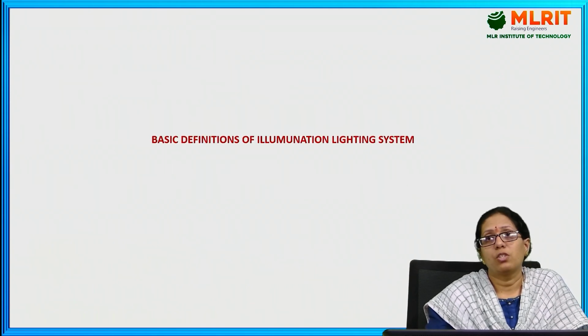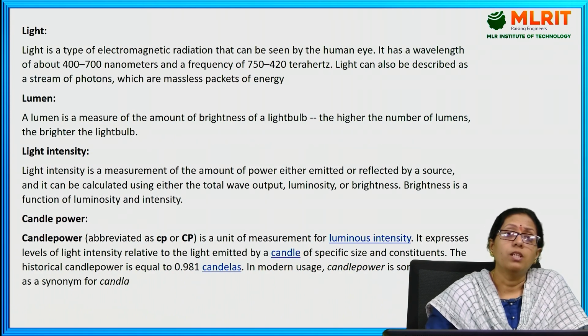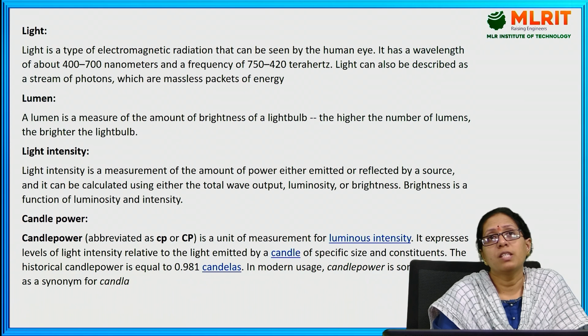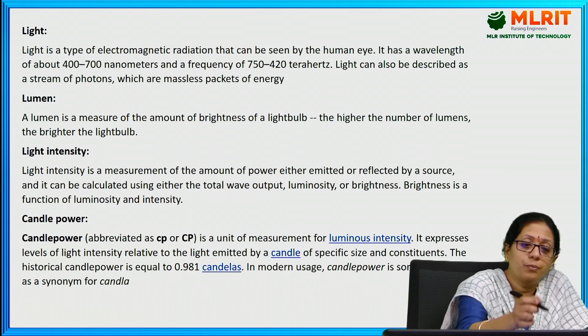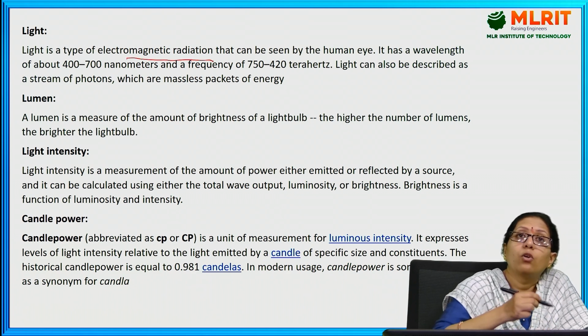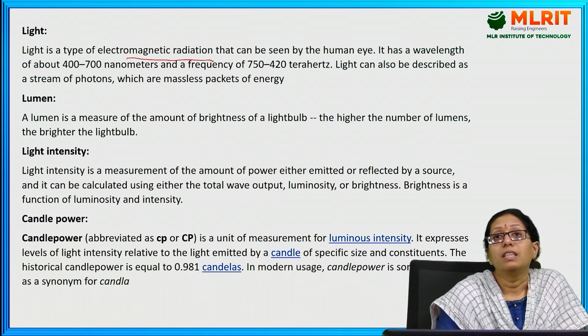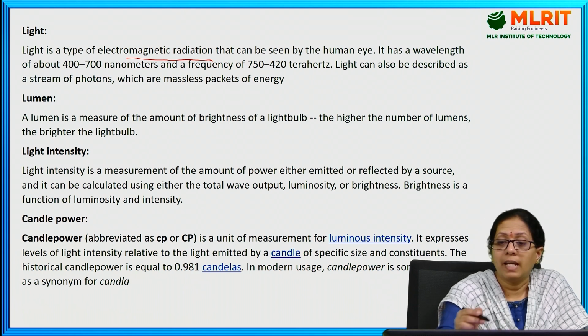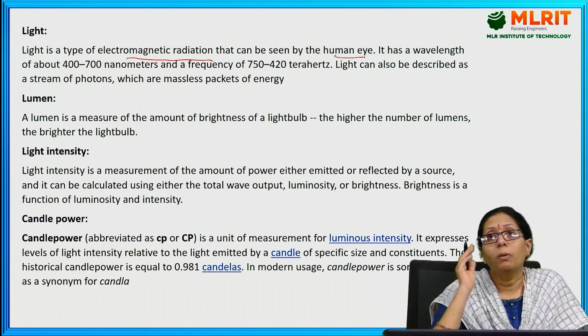Basic definitions of illumination lighting systems. The first definition is about light. Light is an electromagnetic radiation that can be seen by the human eye.